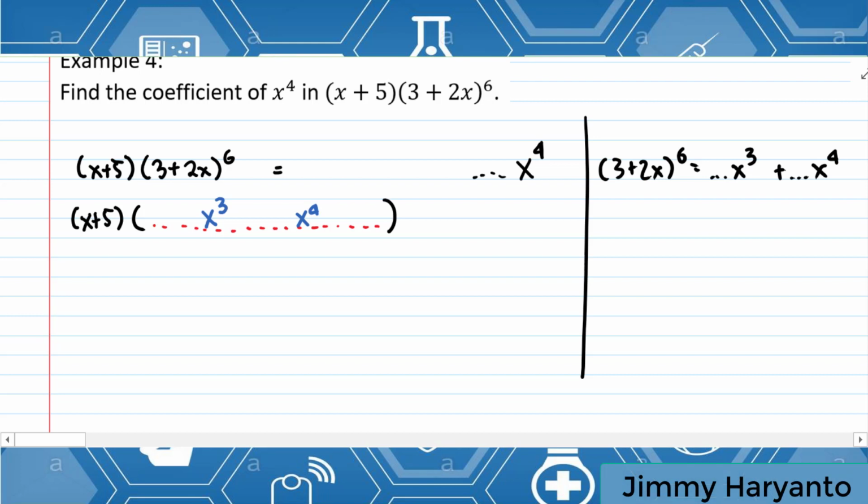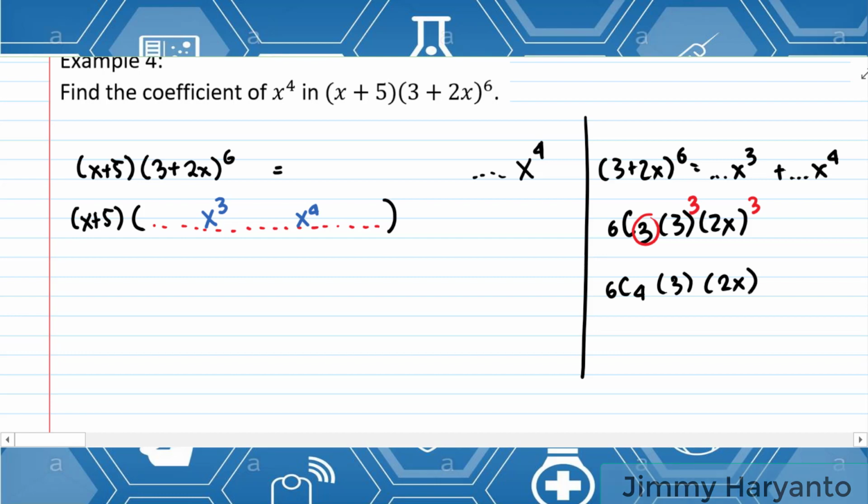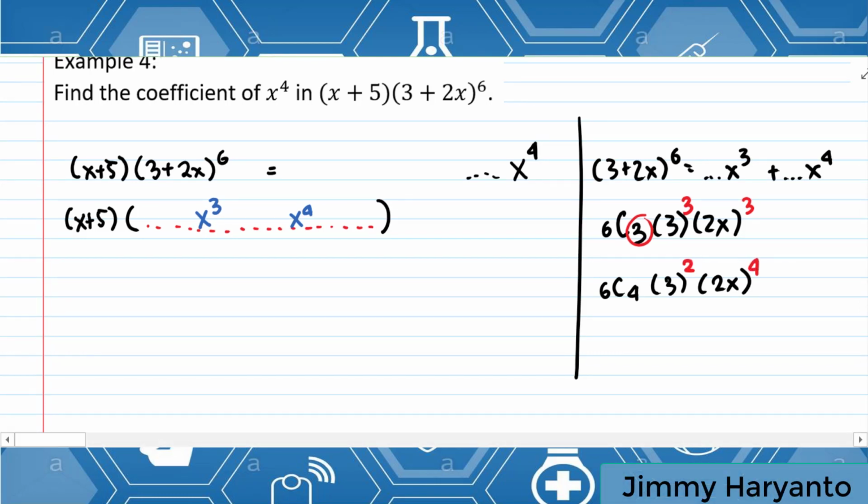This one will be easy because the power of x is 1. So we will write 6C3, and then 3, and then 2x to the power of 3. This one is 3 and the rest is 3, 6 minus 3. And then for the x^4, 6C4, and then 3, 2x, this one is to the power of 4, this one is to the power of 2.